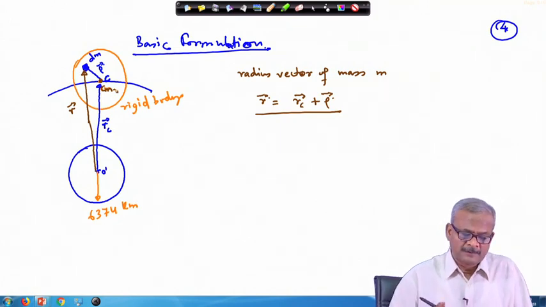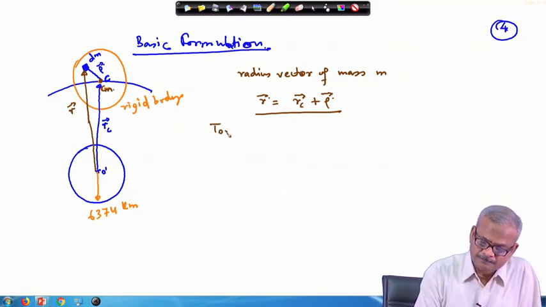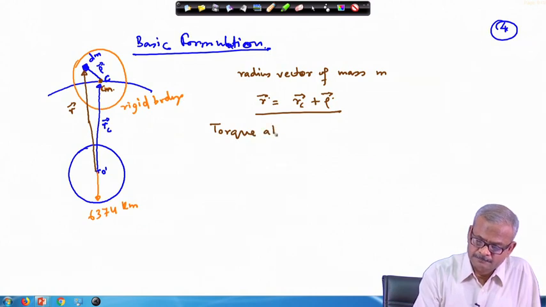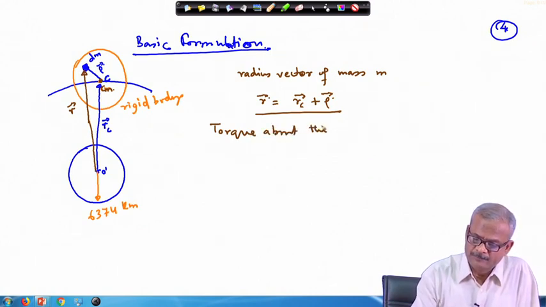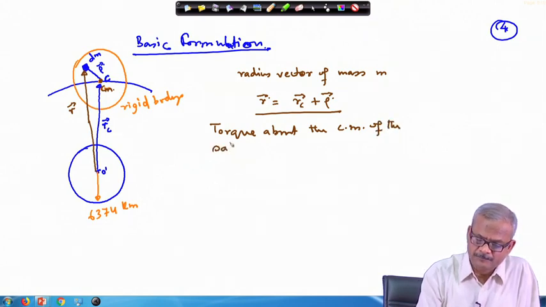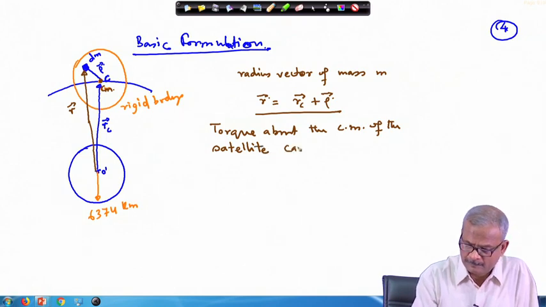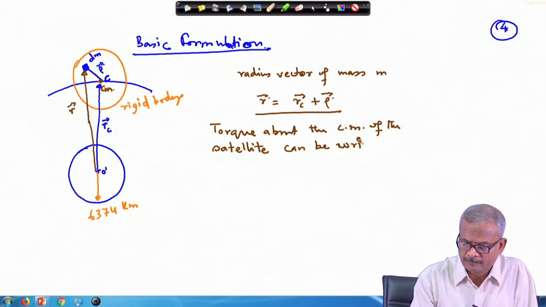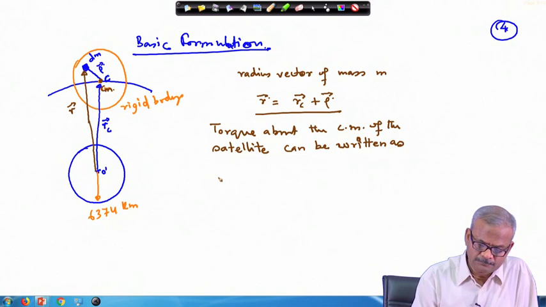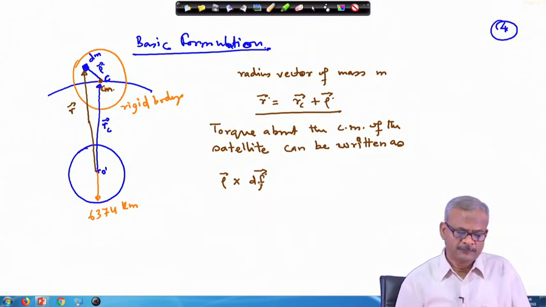Therefore, the torque about the center of mass of the satellite can be written as rho cross d f, where d f is the force acting on the mass.